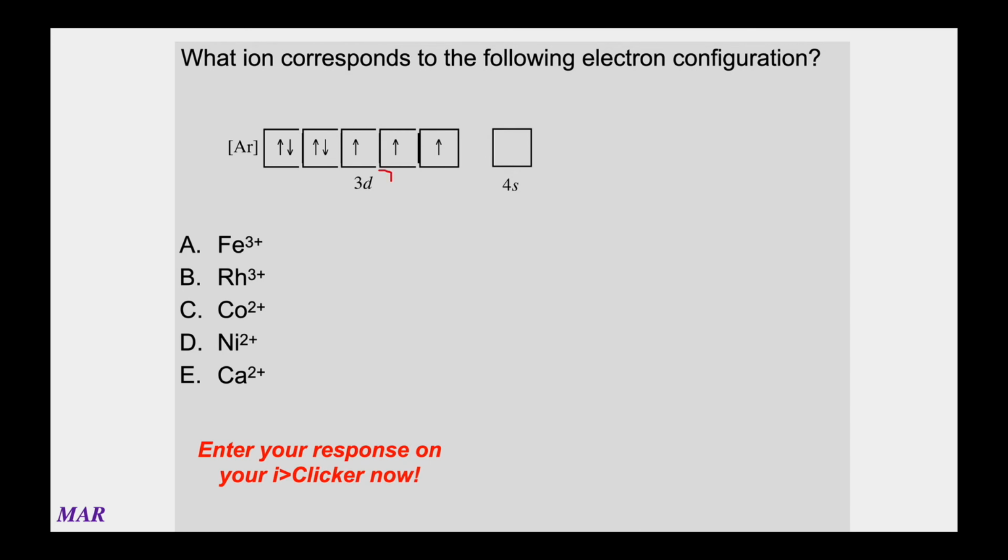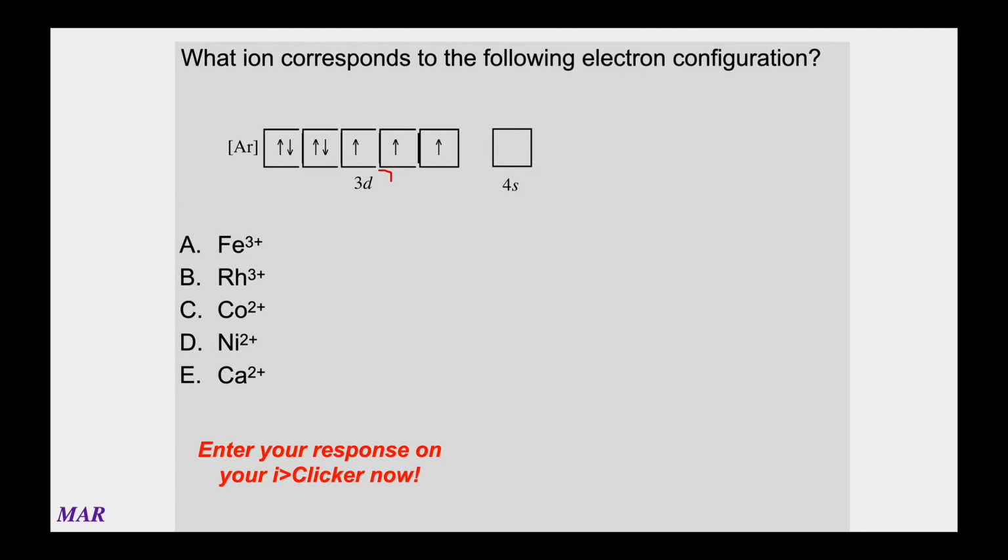This is a 3d7. Now, having an electron periodic table here can be super helpful. What I'm going to do is literally start counting at scandium, Sc number 21, because scandium would be a 3d1. Titanium would be 3d2, vanadium 3d3, chromium 3d4, manganese 5, iron 6, cobalt would be 3d7.